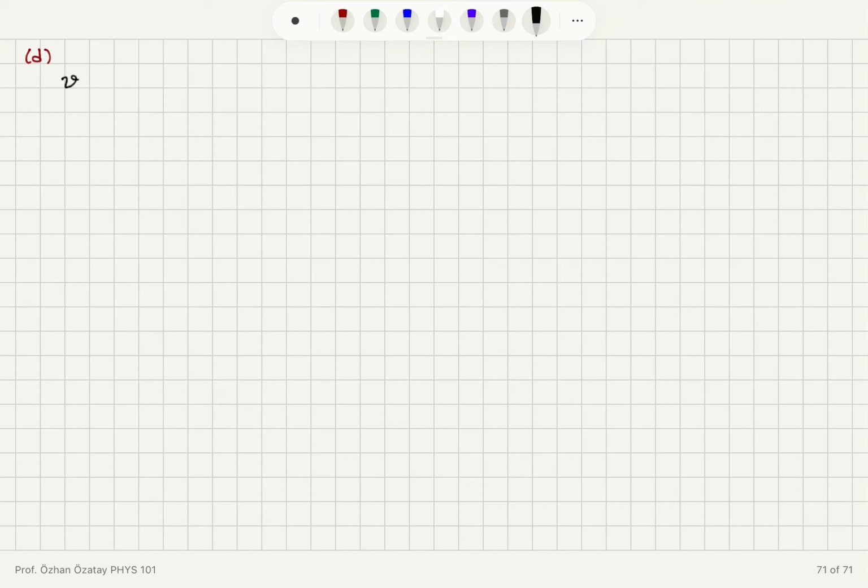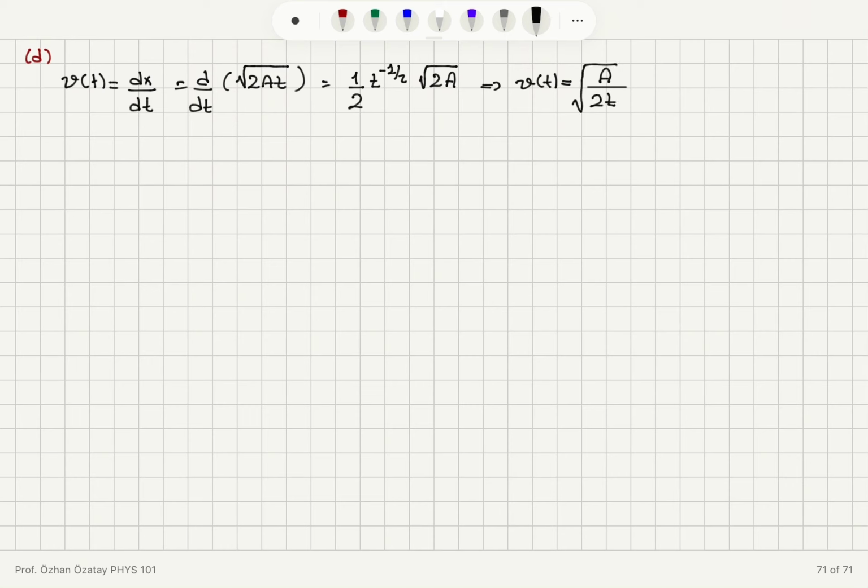So velocity as a function of time is dx dt, which is the derivative with respect to time of square root 2at, and this will be 1 over 2 t to the power minus 1/2 square root 2a, and that will give me, for the velocity as a function of time, square root a divided by 2t.